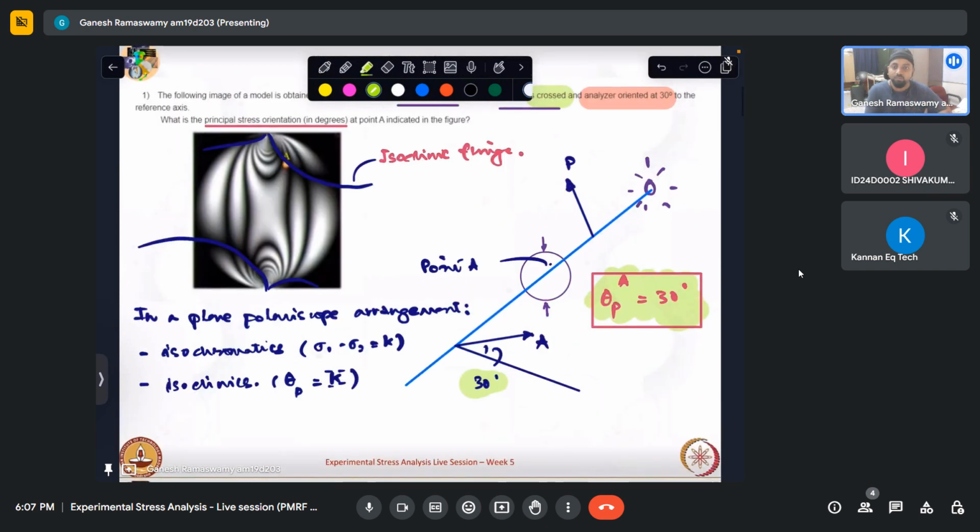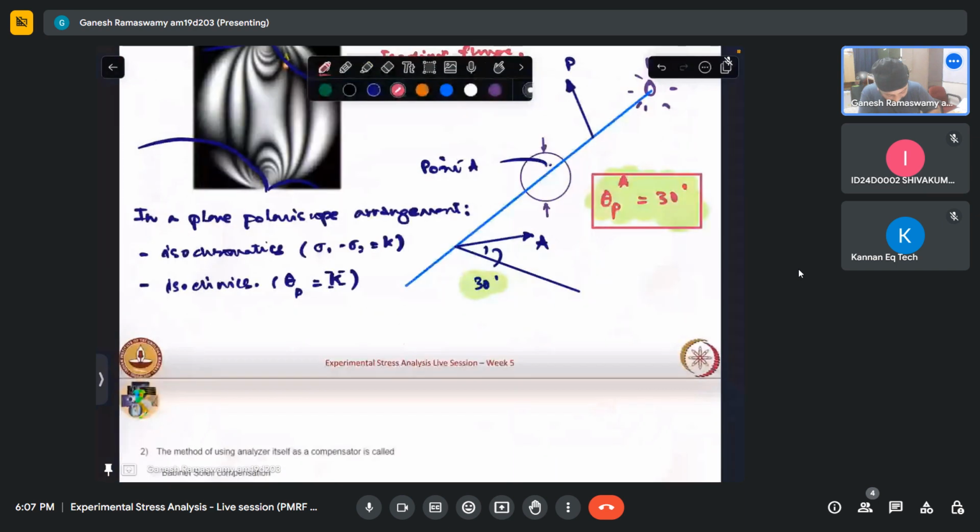So this is how we can find the principal stress orientation at any point on the domain. So what is the procedure to find theta p at any point?